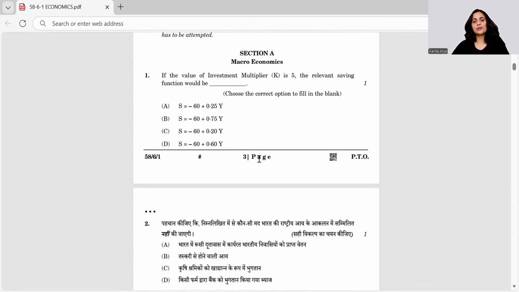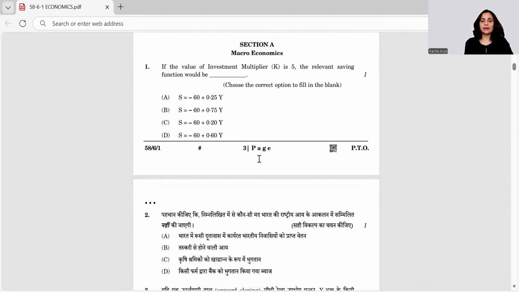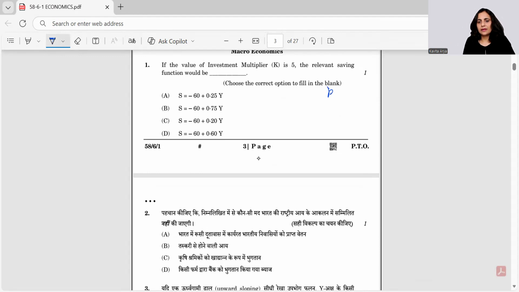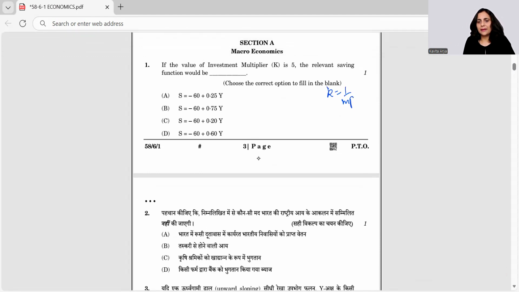So the very first question from Section A of macroeconomics: the value of investment multiplier is 5, K is 5, and the relevant saving function would be. We know the relationship that K is equal to 1 by MPS.